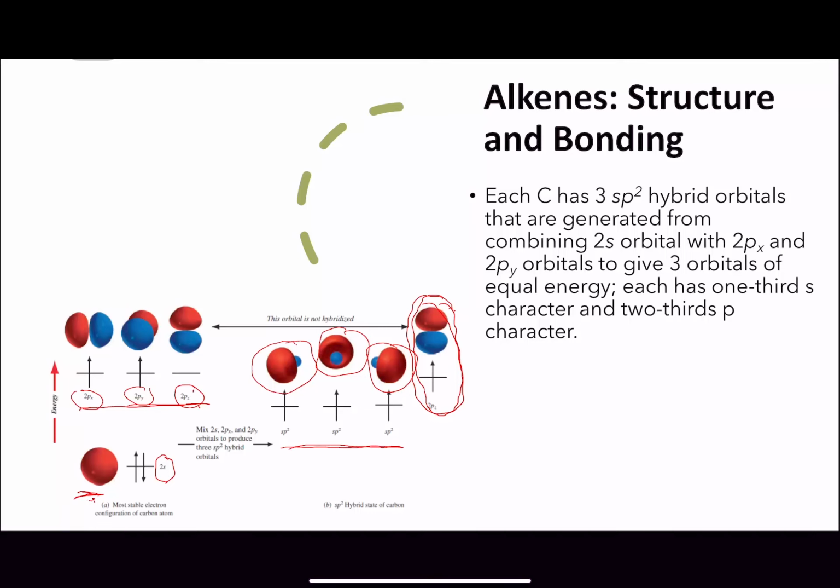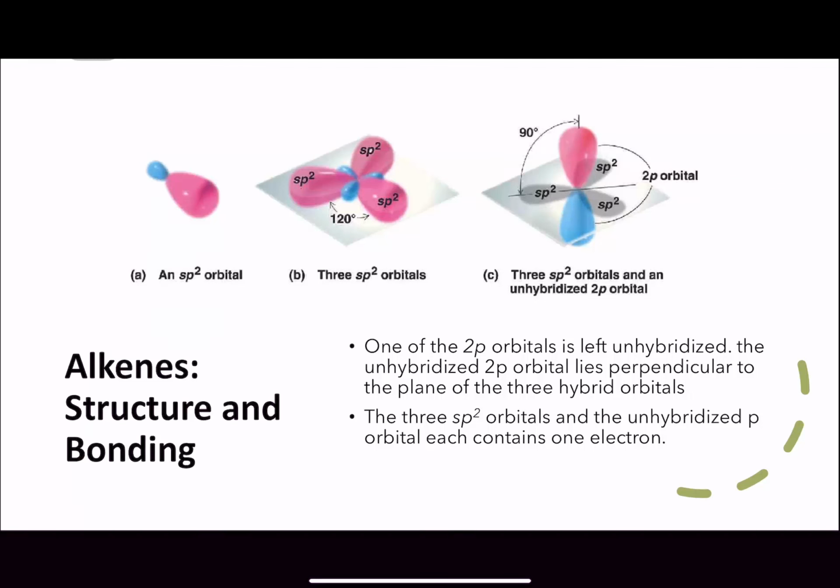Each of the sp2 orbitals will have 1/3 s character and 2/3 p character. The bond resulting from an sp2 orbital will be shorter than the bond from an sp3 orbital because it has more s character, so it's closer to the nucleus.